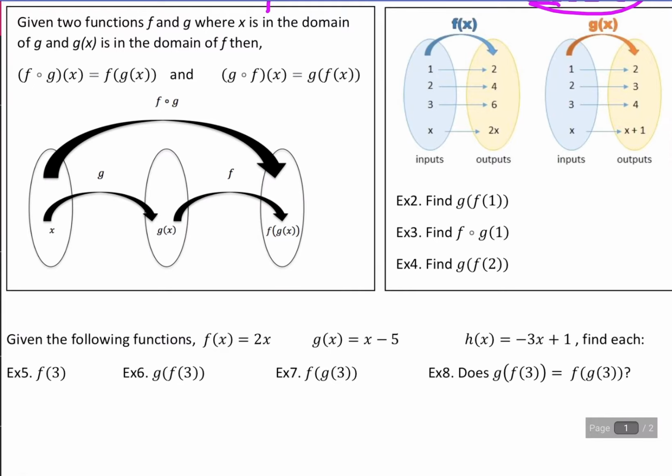So now let's do a broader definition of this. Given two functions, f and g, where x is in the domain of g and g of x is in the domain of f, then f composed with g of x is the same as putting the x into the g function and then putting that into the f function.